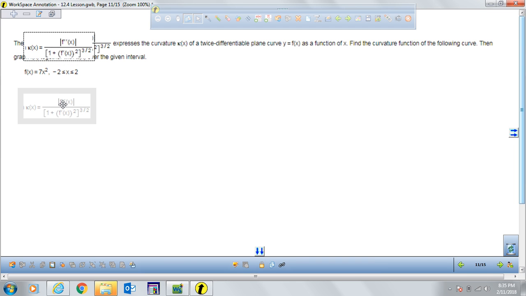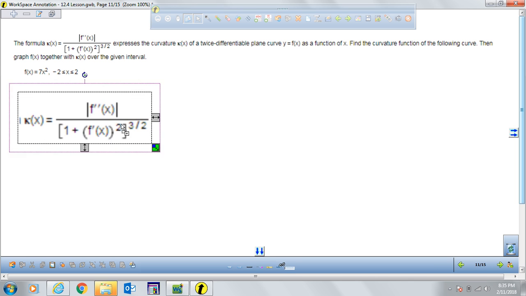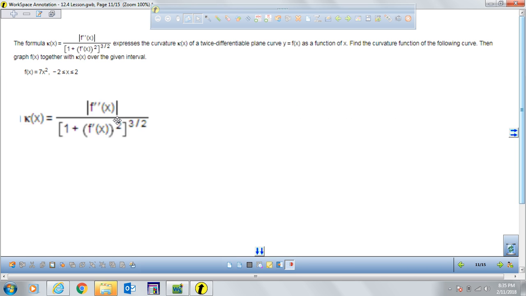And the formula is the following. The magnitude of the second derivative of the function divided by 1 plus the first derivative of the function squared, everything raised to the 3/2.